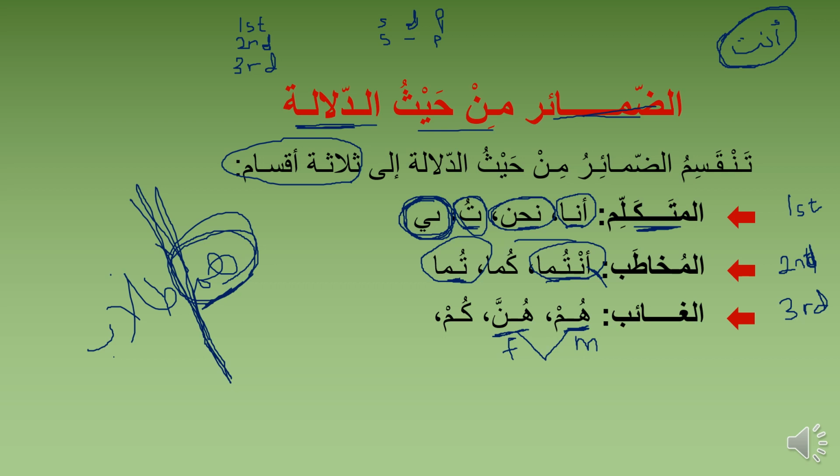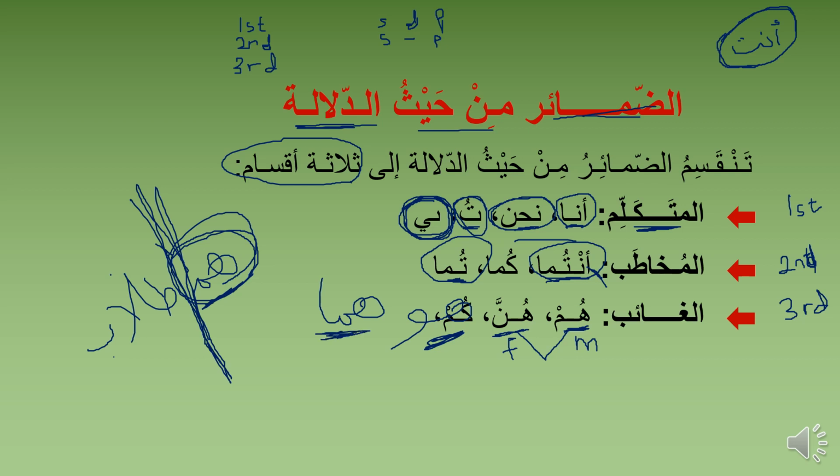Now we have kum. Sorry, kum is not there. So we can only have huma or hua. Hua means he. You can see he is also gaib, and we have huma also, the both of them that are not present.